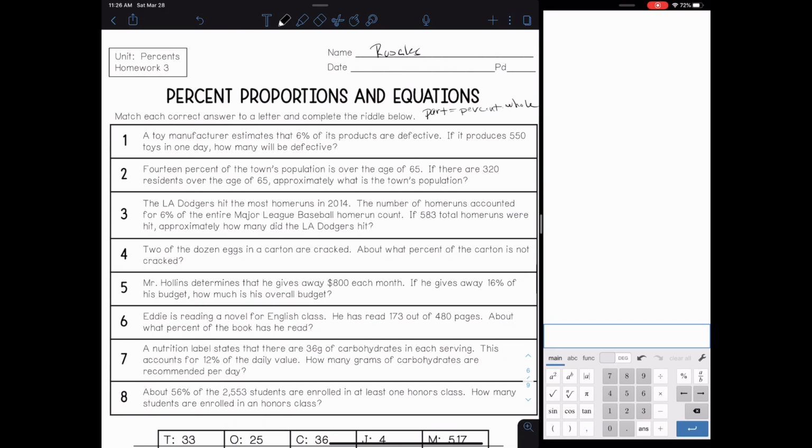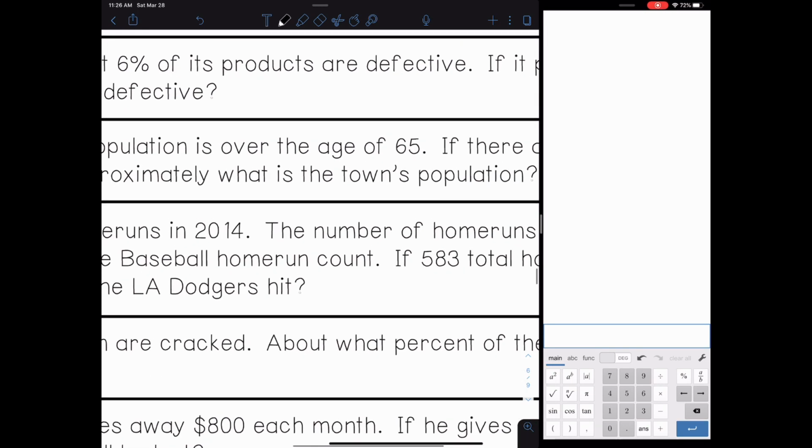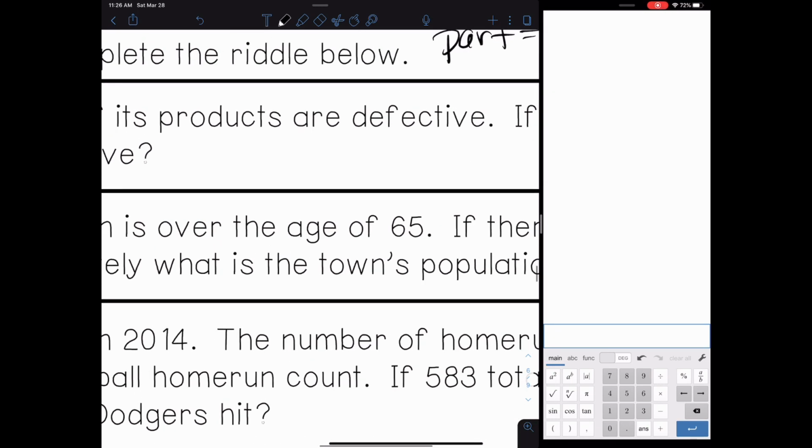So number one, a toy manufacturer estimates that 6% of its products are defective. If it produces 550 toys in one day, how many will be defective? Part equals percent times whole.